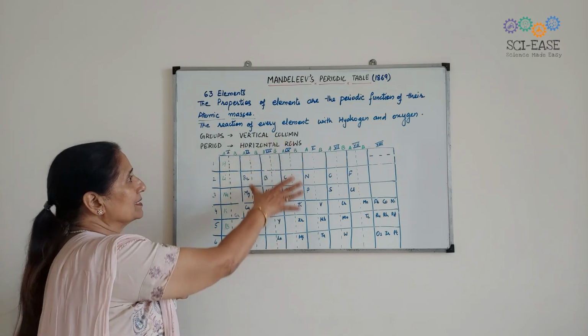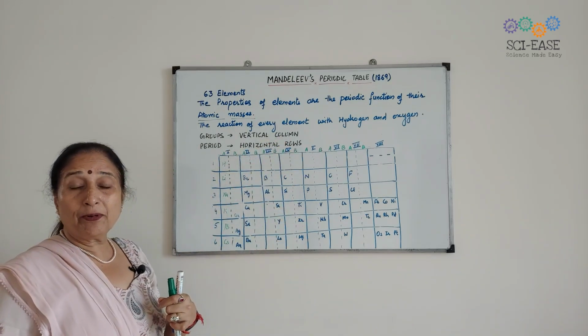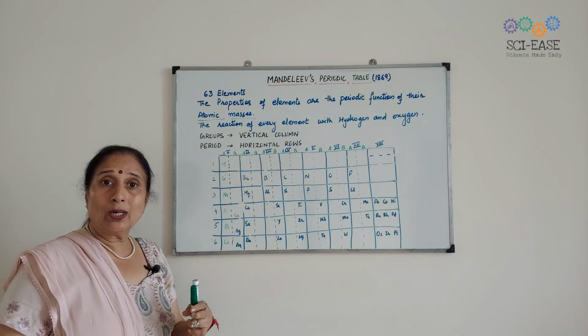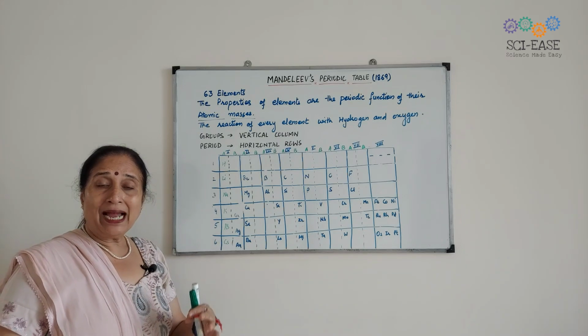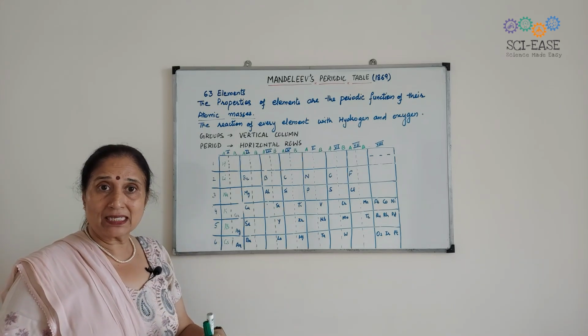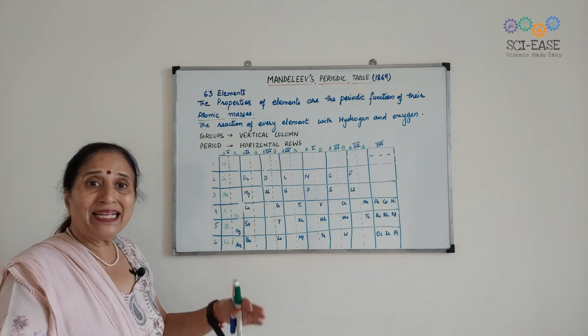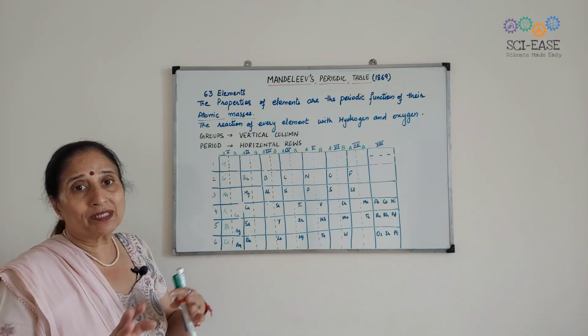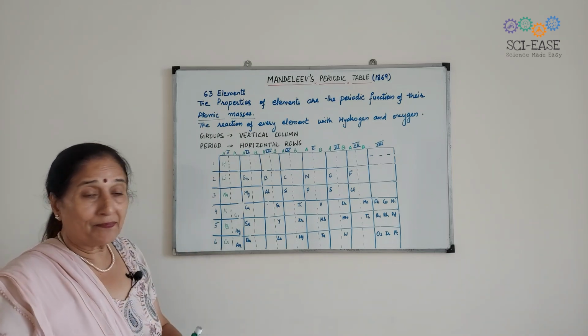So, this is the periodic table which was given by Mendeleev. At that time, 63 elements had been discovered and he placed them in groups and periods.